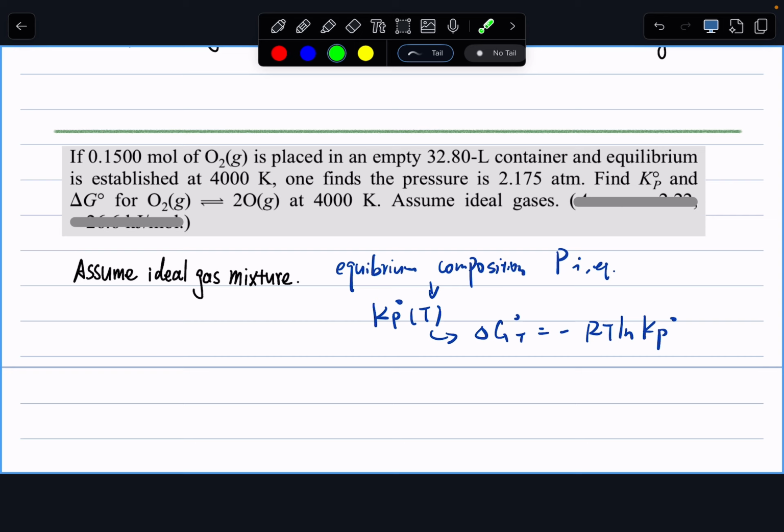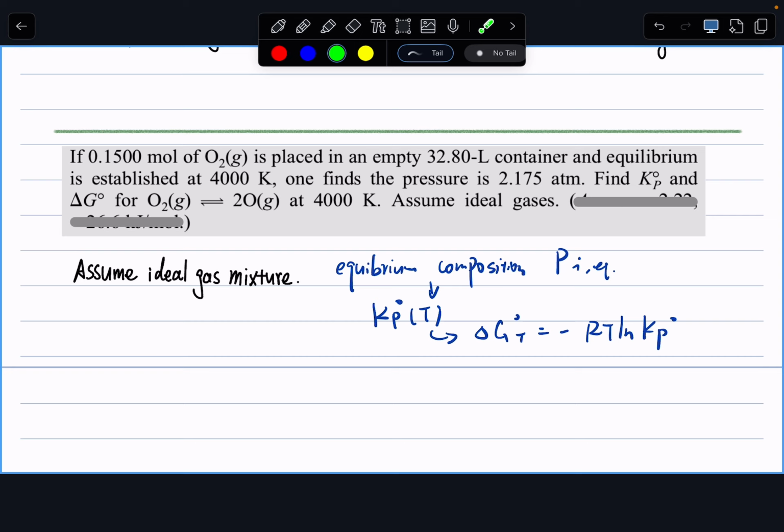So I can represent my N of O2 at equilibrium as 0.1500 minus the extent of reaction. And also we have the number of mole of oxygen equals 2 times the extent of reaction. So taking together, I think I made a typo in the annotated note, by the way.